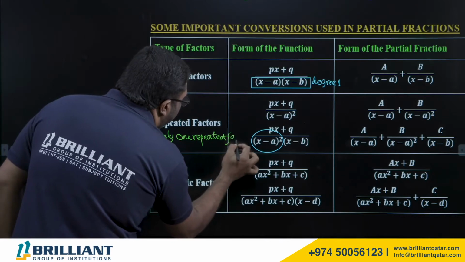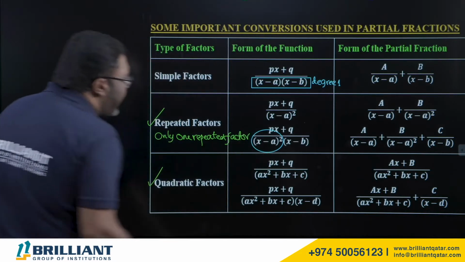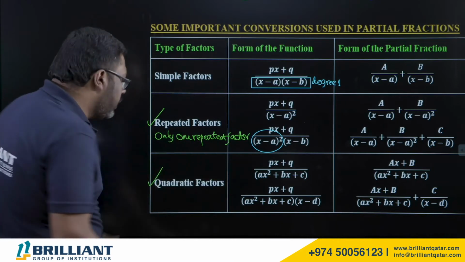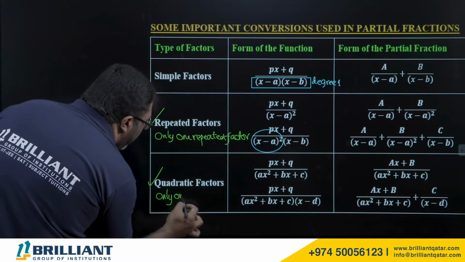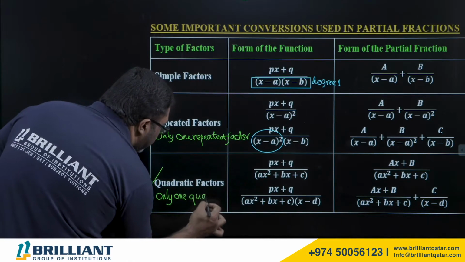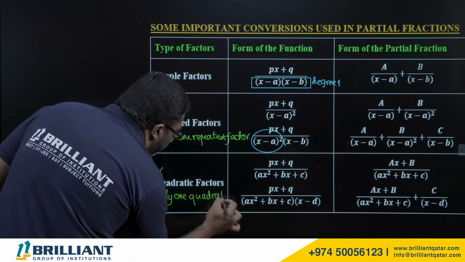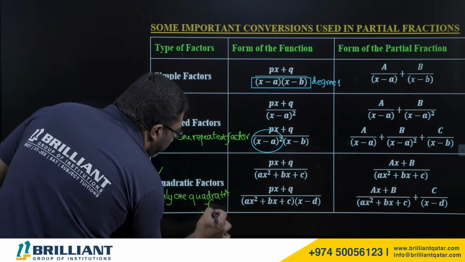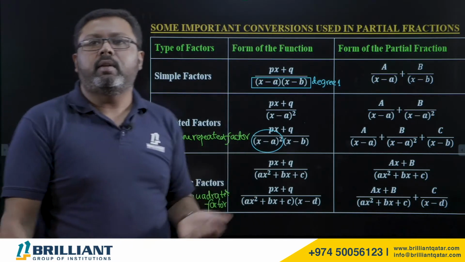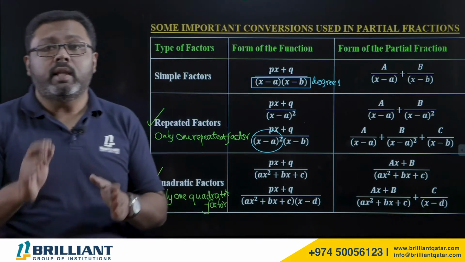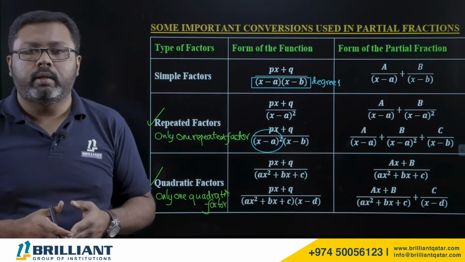This is what I want everybody to keep in mind. We can have only one repeated factor and only one quadratic factor. Is it clear? At a time, partial fraction can accommodate only one repeated factor and one quadratic factor. That is what you have to keep in mind.